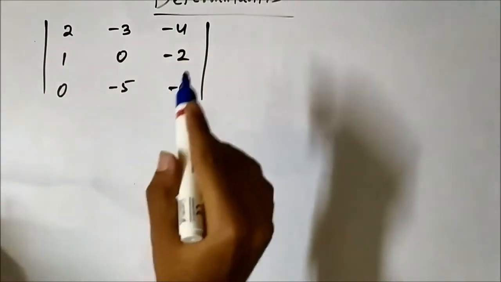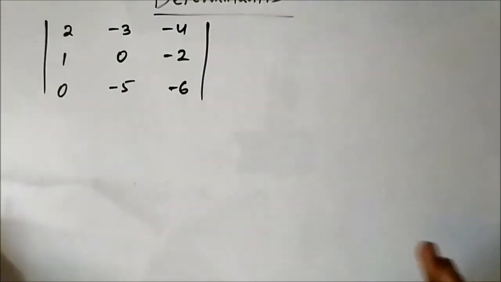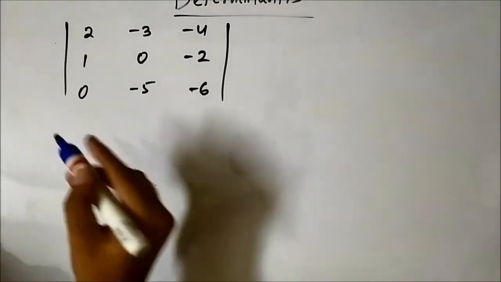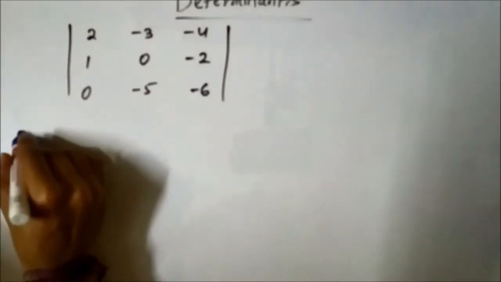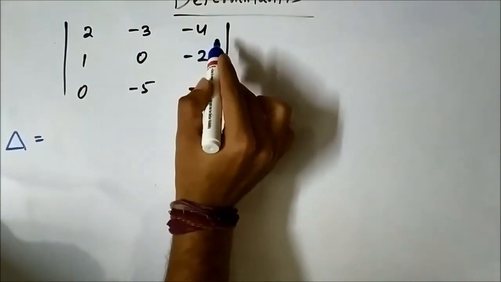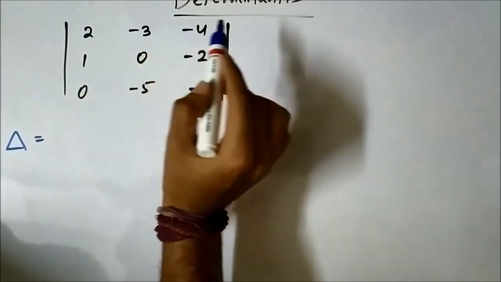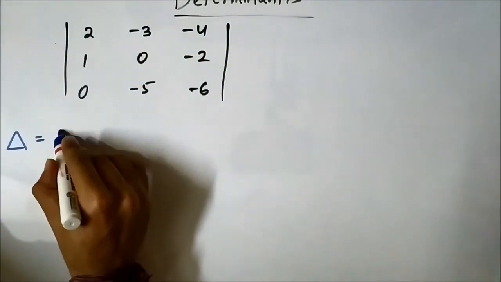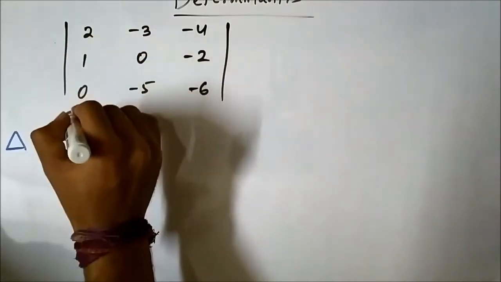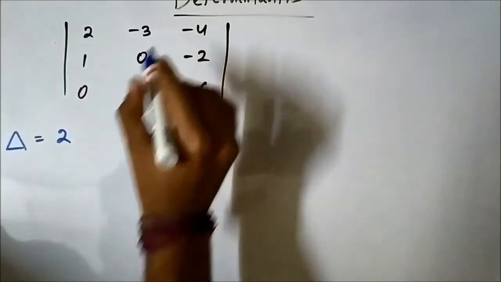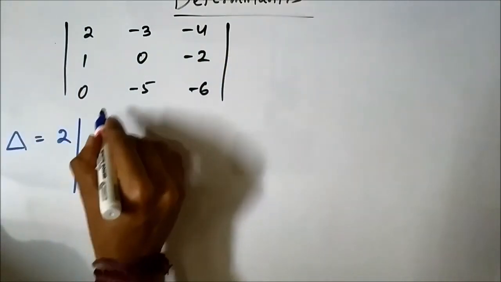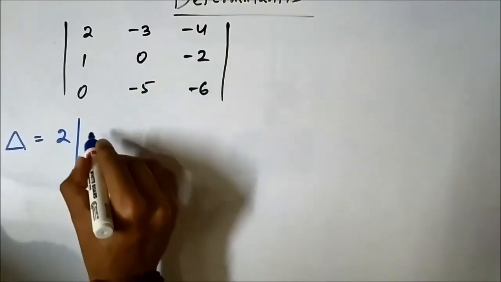It's a square matrix of order 3. We are considering the first row, that is the elements 2, minus 3 and minus 4. First we consider 2, we remove the first column and the first row, so the elements are 0, minus 2, minus 5, minus 6.